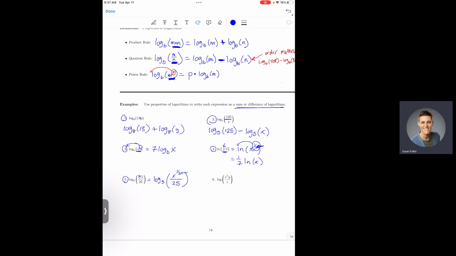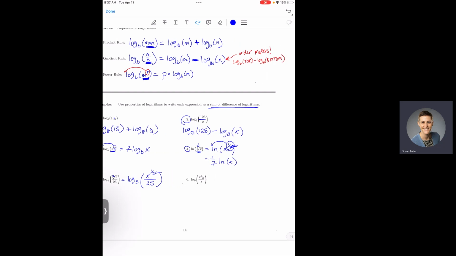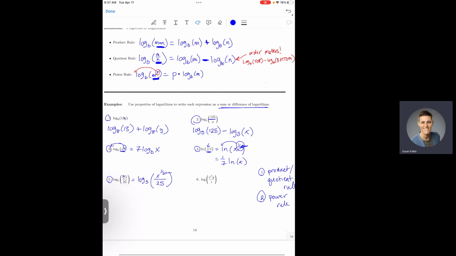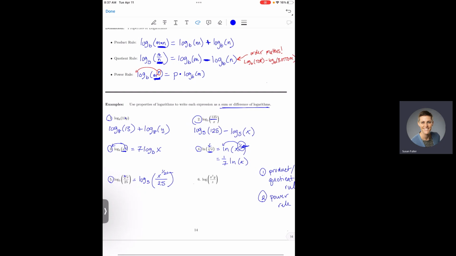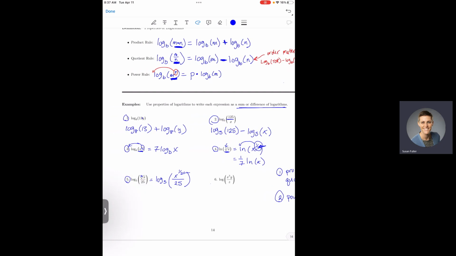So if we've got multiple things going on, then the order that I want you to do these things in is first, I want you to do the product or the quotient rule first. Always do those guys first. And then I want you to save the power rule for last. So if you've got multiple things, do the products and quotients first, and then only do the power rule once you've split everything up and you only have powers and no multiplication or division inside.